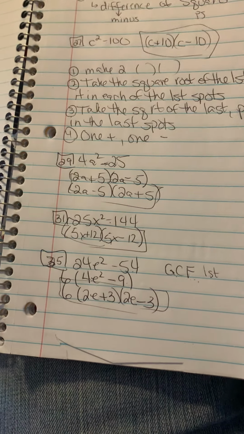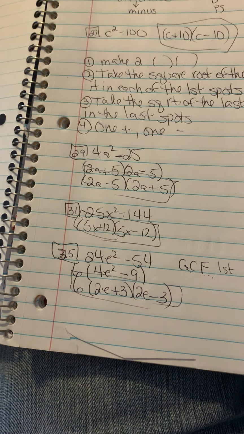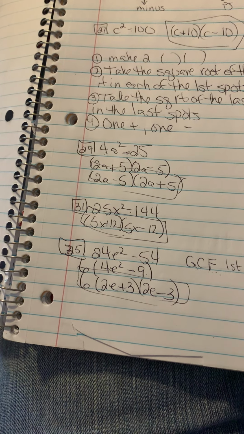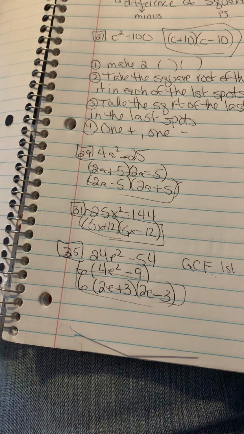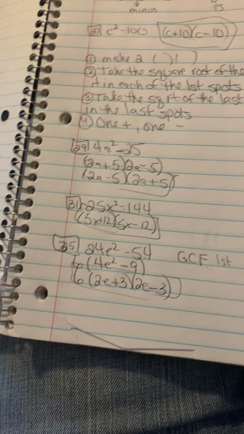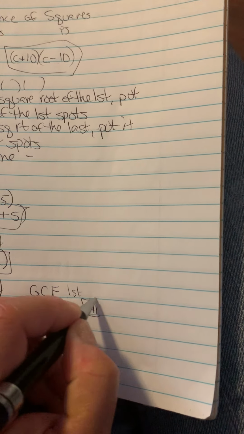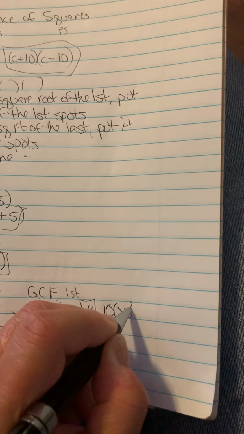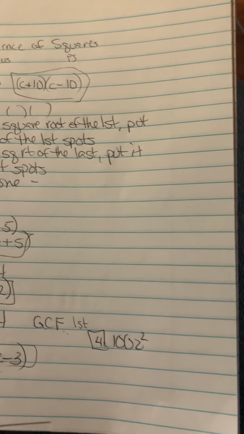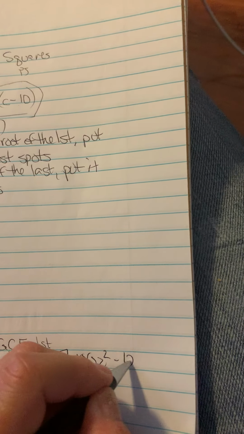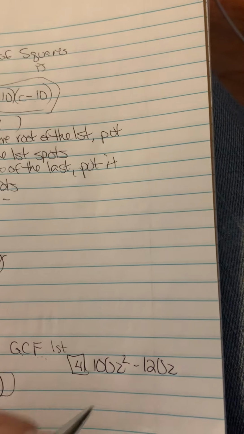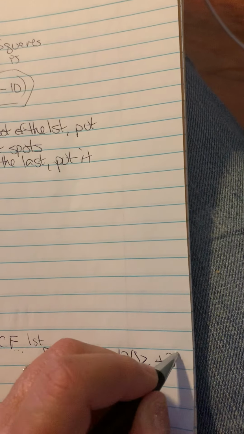You know, and I now see that I want to look at number 43, last one. This is a PST, maybe. 100z squared minus 120z plus 36.